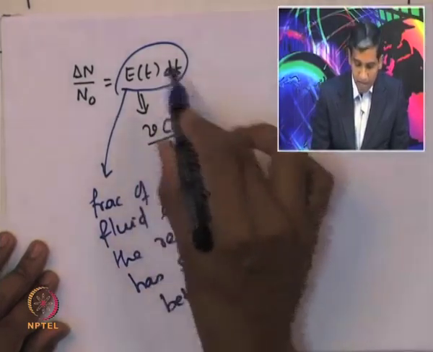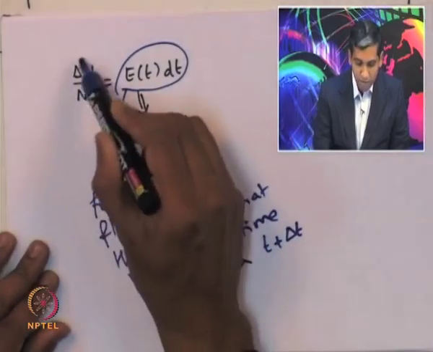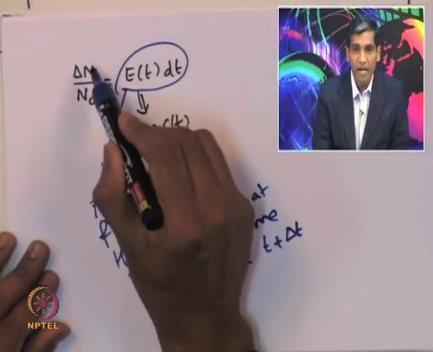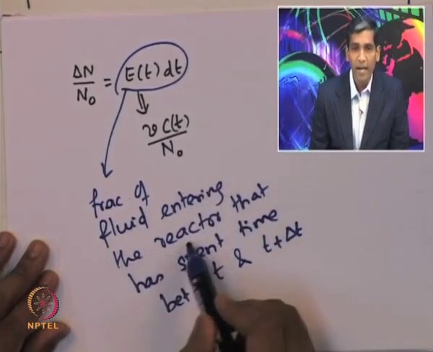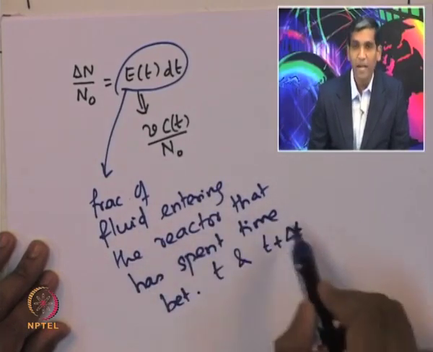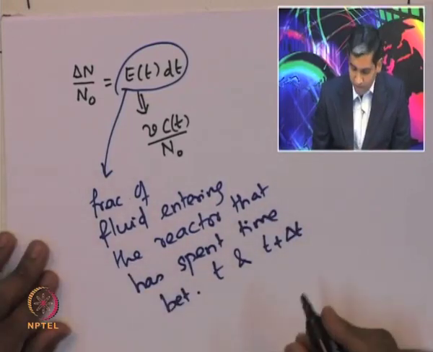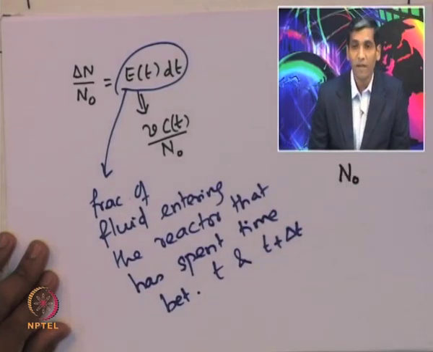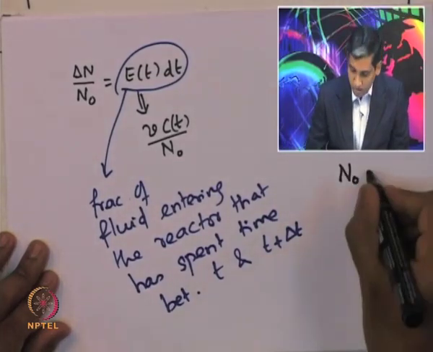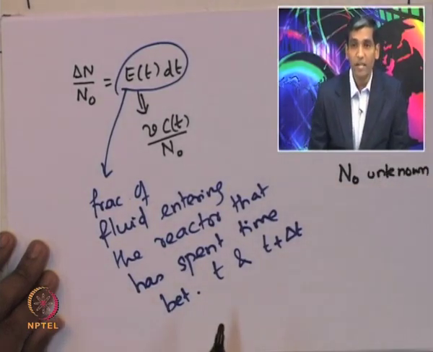So, it is very important to understand this function E of t times dt, that is the fraction of the fluid, delta N by N naught, which is the fraction of the total fluid that enters the reactor and has spent time between t and t plus delta t. Suppose the total amount of tracer fed into the vessel, N naught, is not known, which may be the case in many situations.